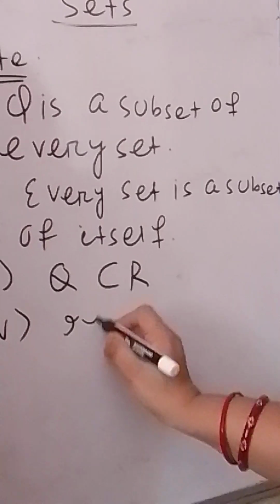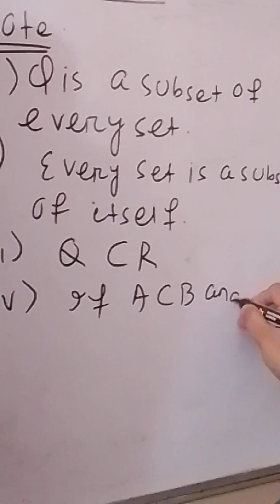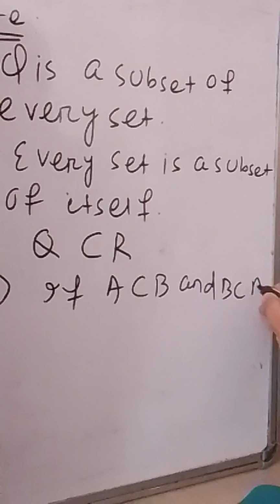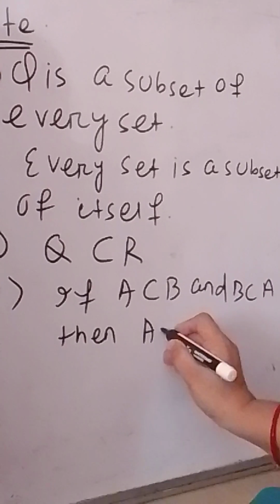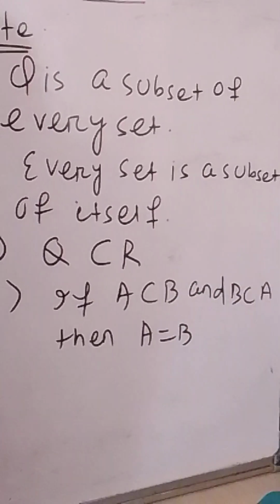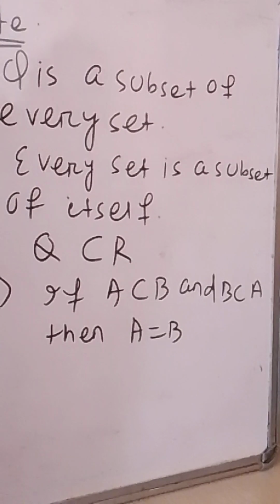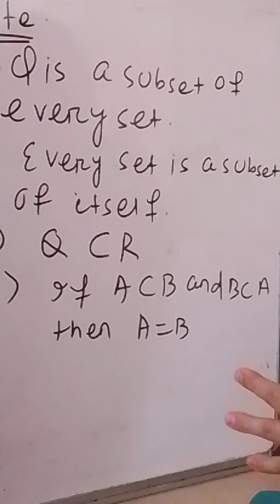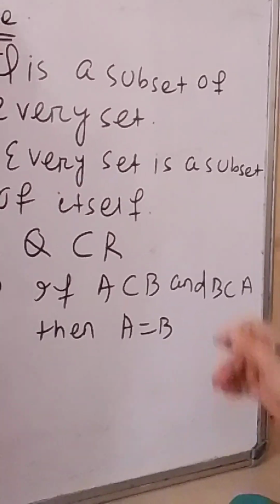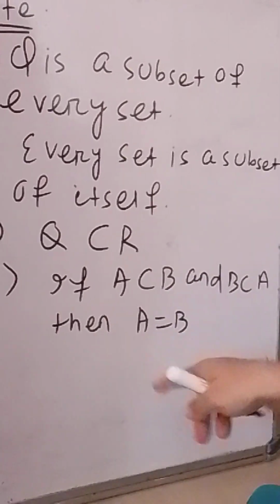Next, if A is a subset of B and B is a subset of A, then A is equal to B, meaning two sets are equal. In the previous class we discussed equality of sets. There we discussed two conditions for equality, and here after learning subsets we can say two sets are equal if each set is a subset of the other.